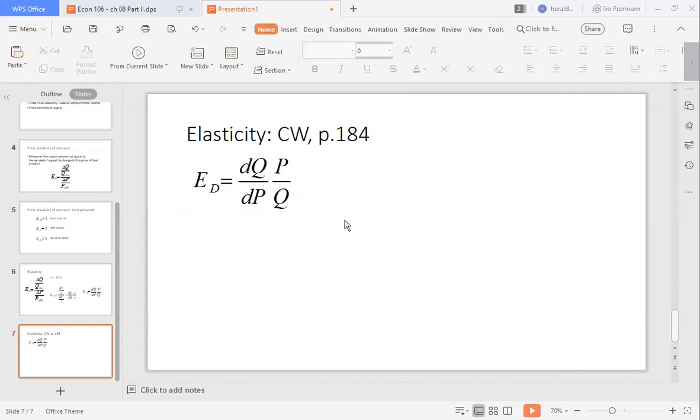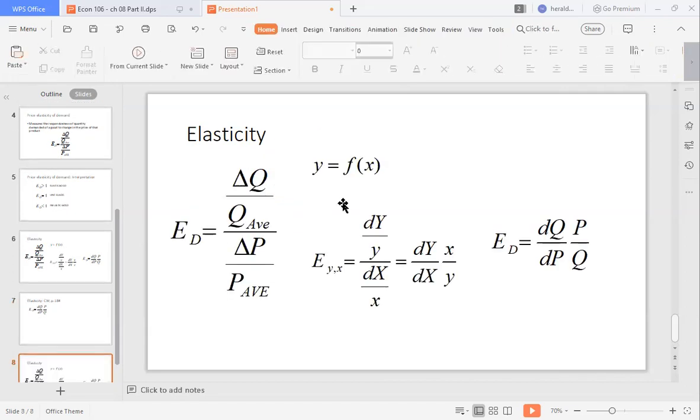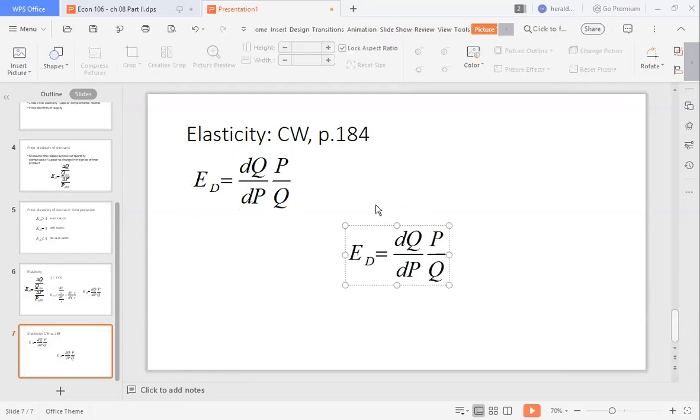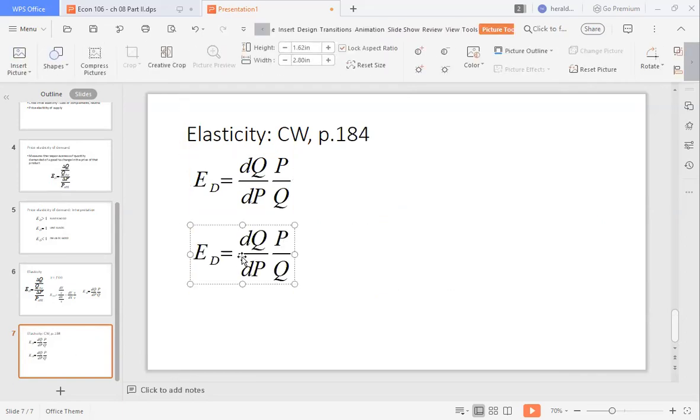Okay. So when you have this function here, Q is equal to 100 minus 2P plus 0.02Y.